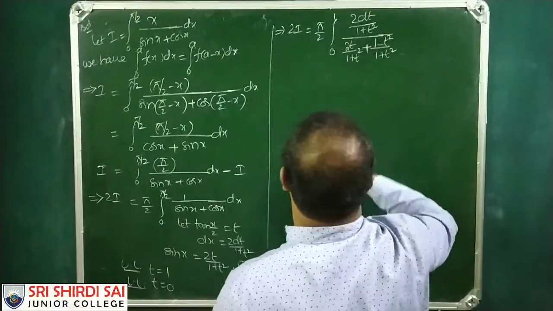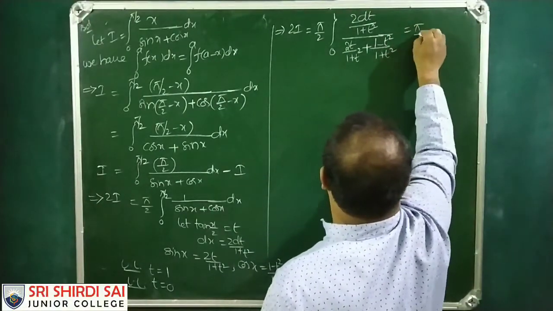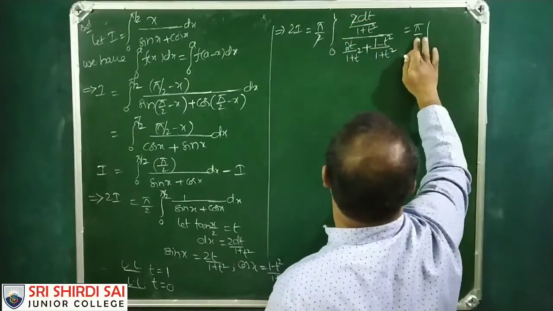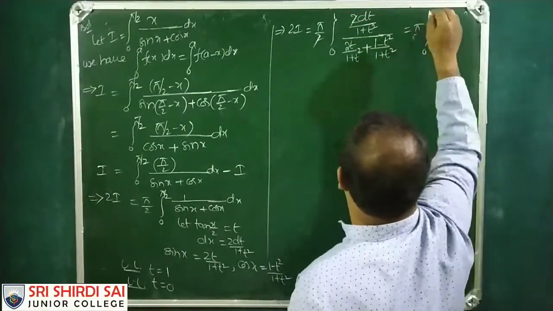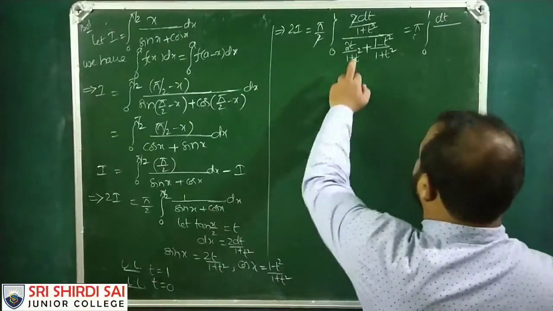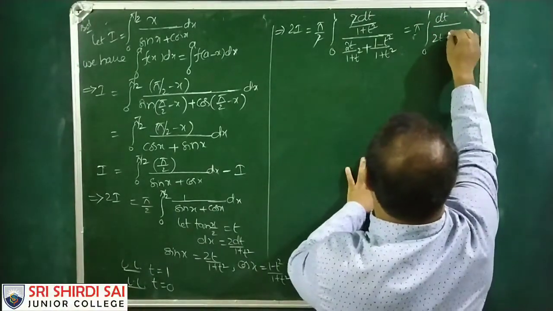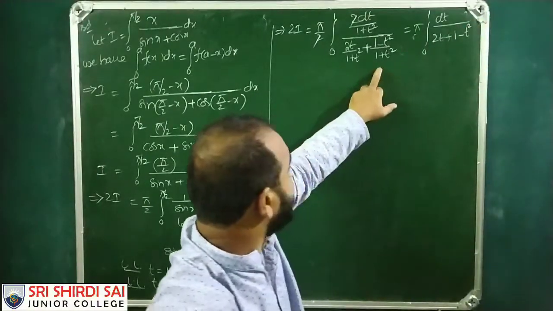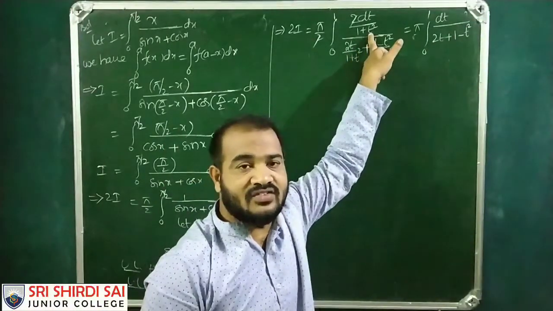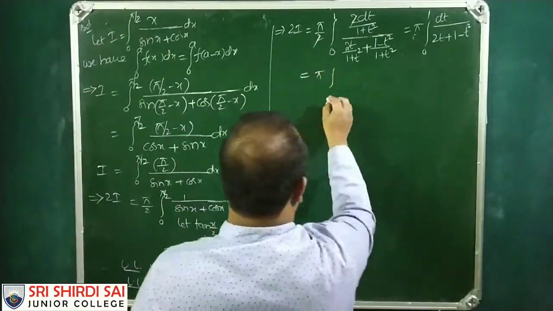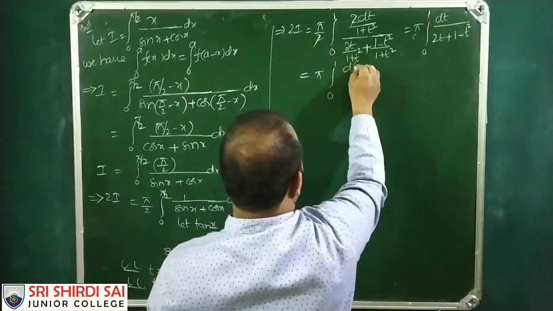So this is equal to pi by 2, and this 2 gets cancelled. So pi into the integral 0 to 1 dt by 2t plus 1 minus t square, and the 1 plus t square cancels.